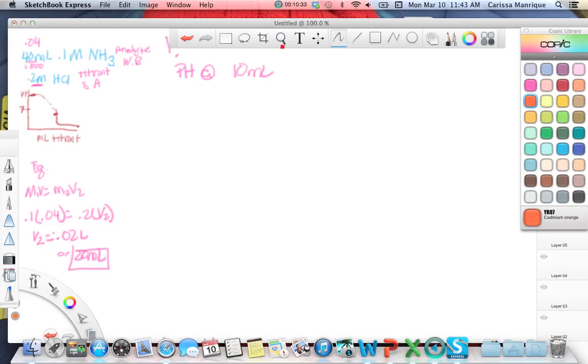So we have a before equivalence point problem. So this is a buffer. So we're going to be using the Henderson-Hasselbalch equation. So pH equals pKa plus log of our base over our acid.